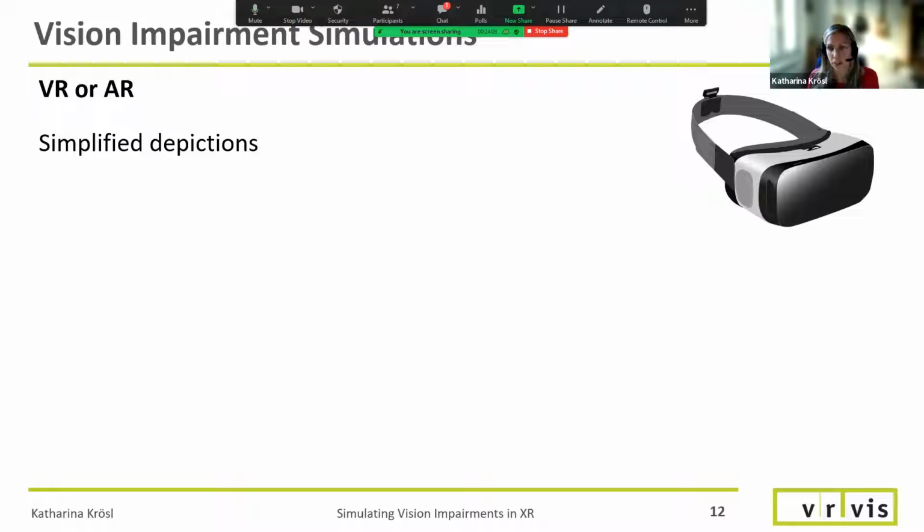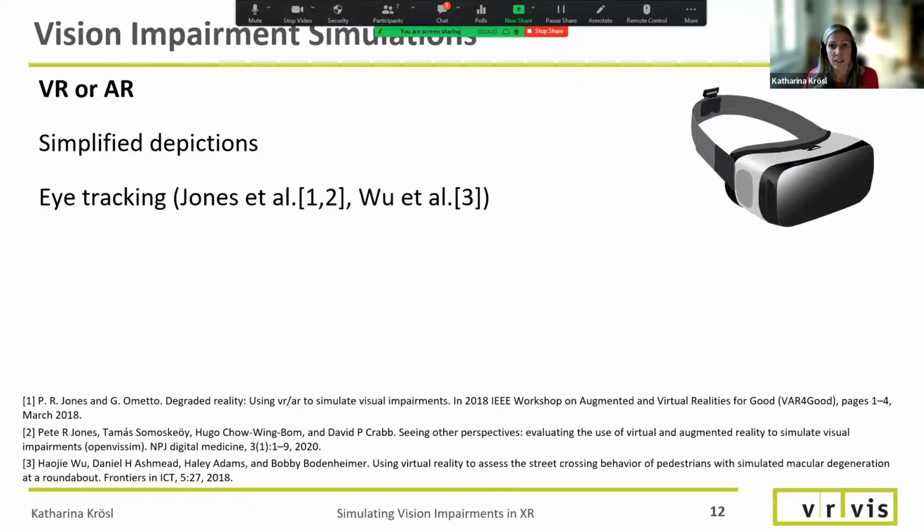I've seen a lot of simulations that claim to simulate this or that eye disease, and they then just blur the image and that's it. And only very few simulations actually use eye tracking to simulate these gaze-dependent effects. And as I mentioned, this is crucial if you want to create a realistic simulation of a vision impairment that affects different areas of your visual field differently.